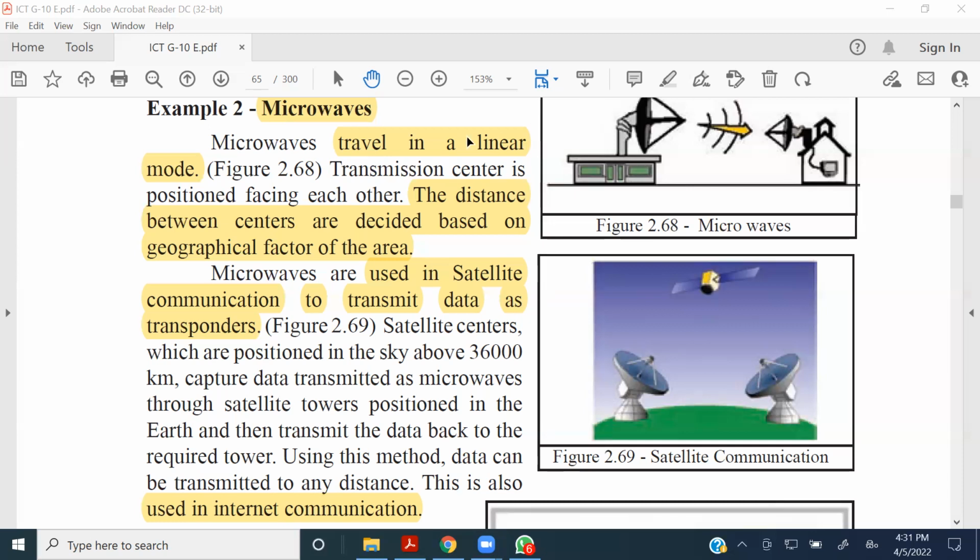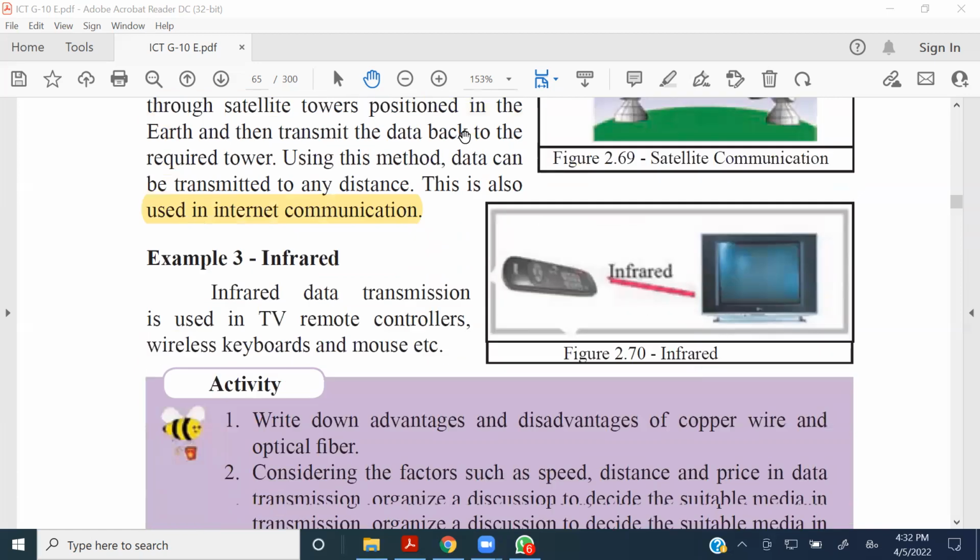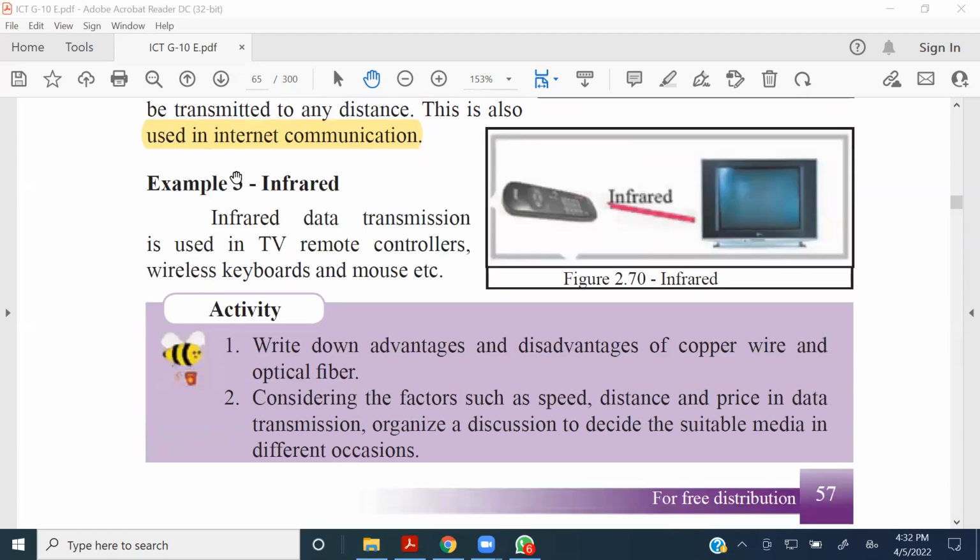All right, so moving forward, about the infrared, just write the entire thing.